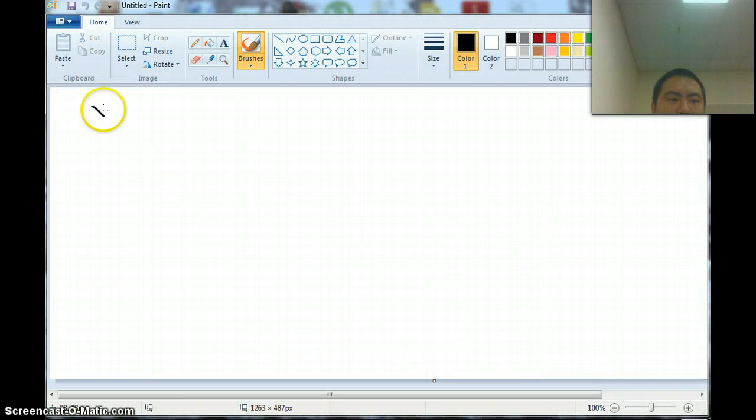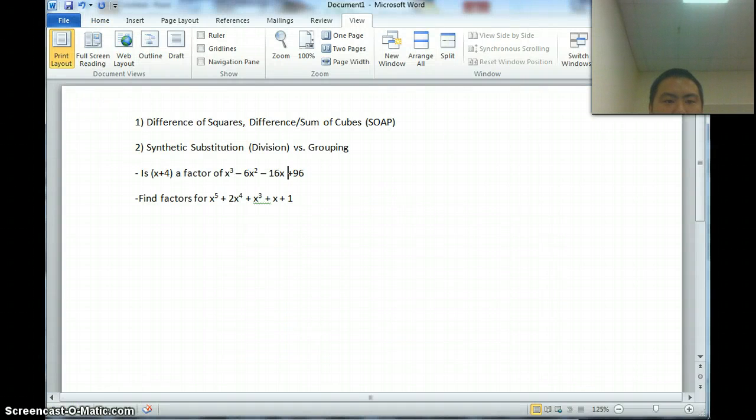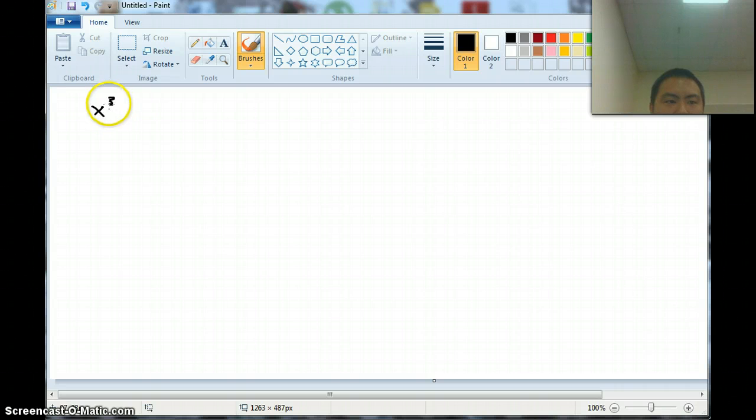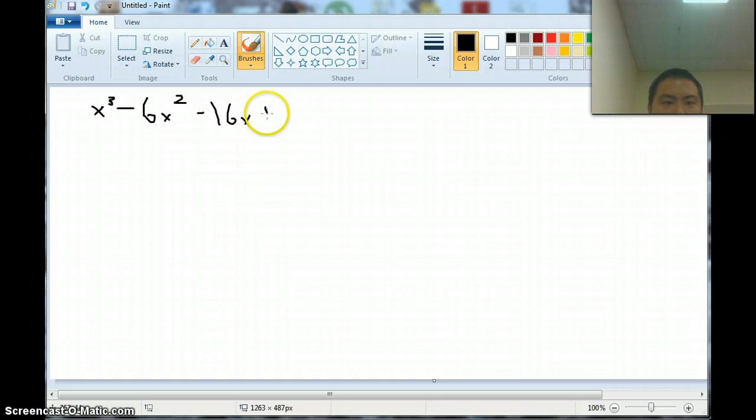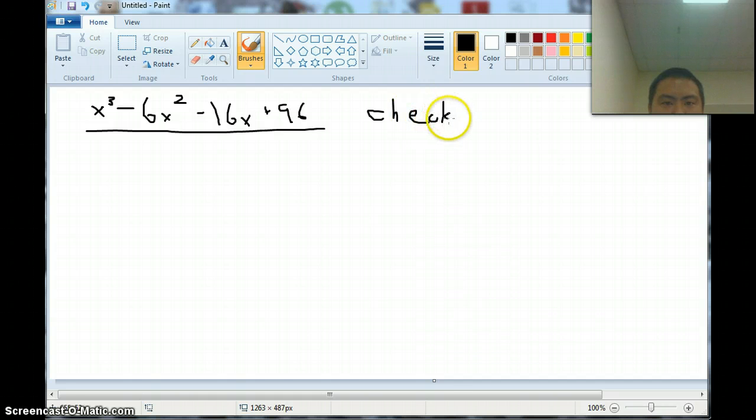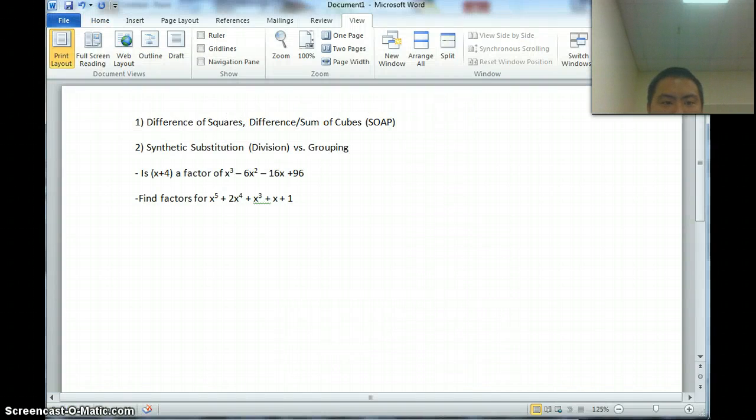So we have x to the third power minus 6x squared minus 16x, and then plus 96. And I want to check to see that x plus 4 is a factor.